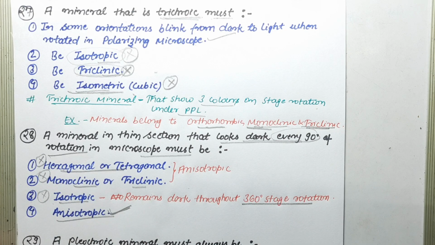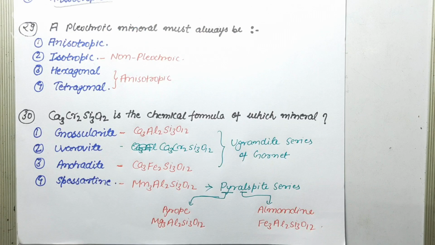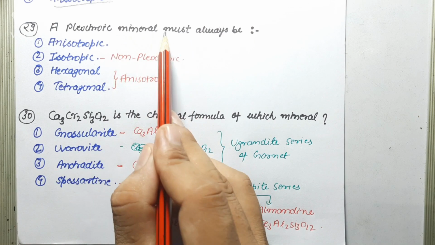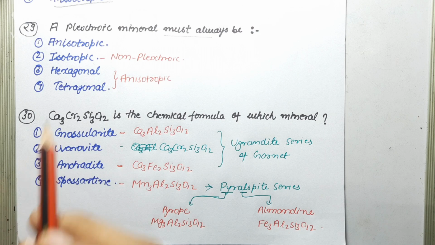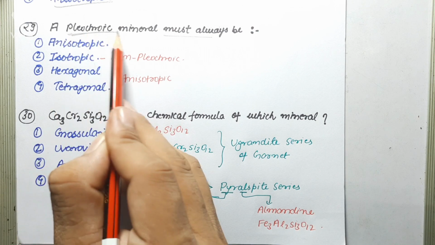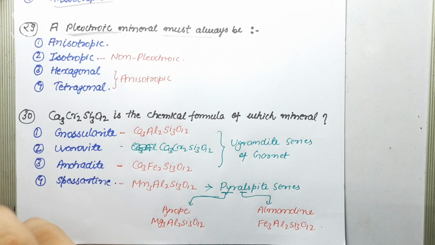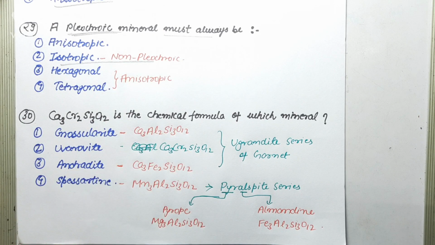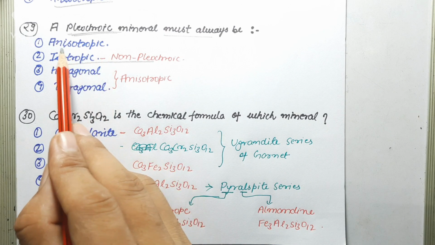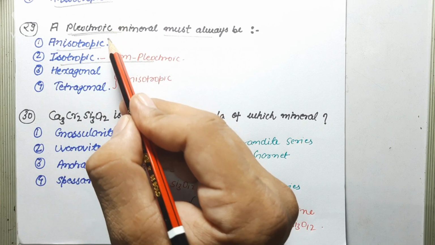Next question says a pleochroic mineral must always be. In the previous question, or you can say in question number 27, I told you that pleochroic minerals are anisotropic in nature. Isotropic minerals are non-pleochroic. So the first option says anisotropic. This is the condition.